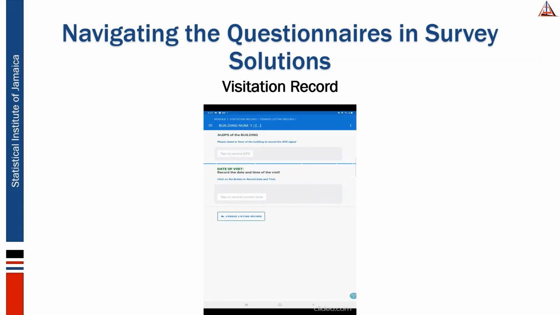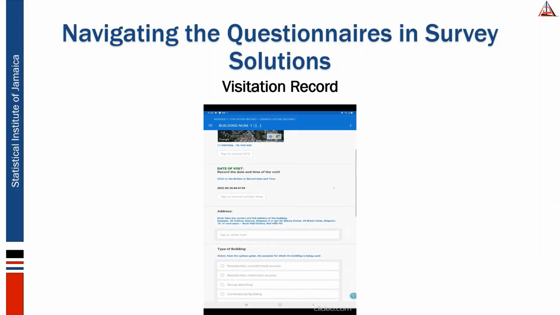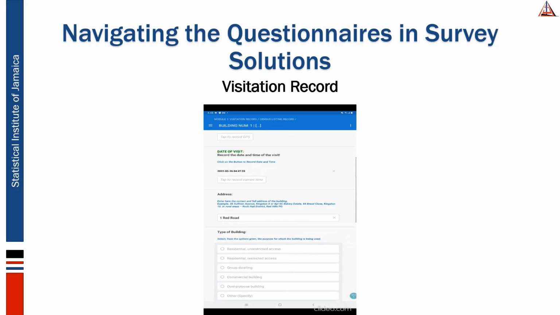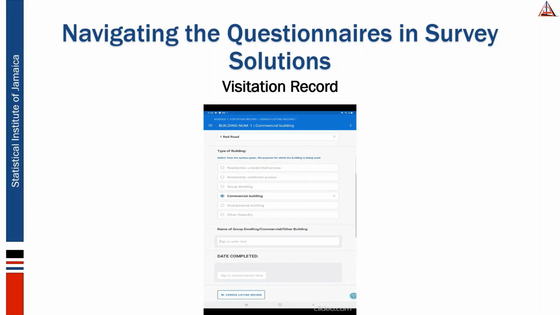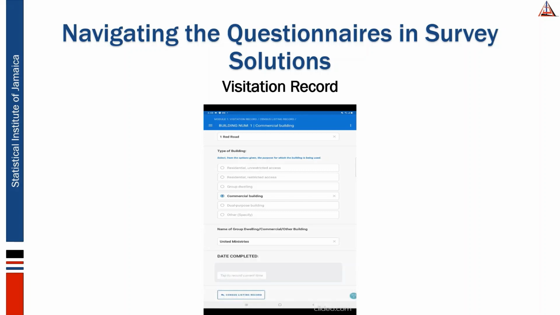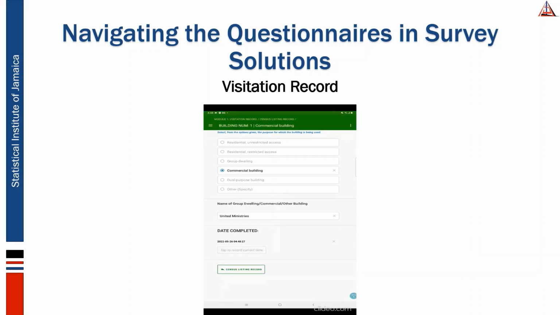Collect the GPS, record the date and time, enter the address of the building, indicate what type of building it is, insert the name of the building, and the date completed. Return to the census listing record, where you will assign another building number.